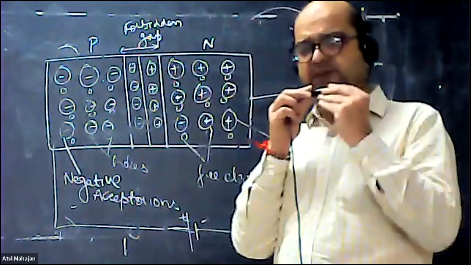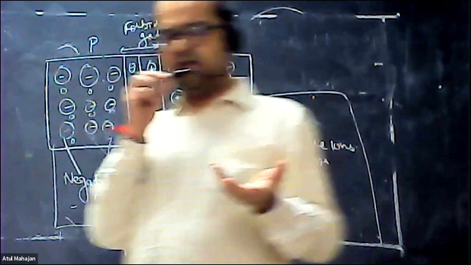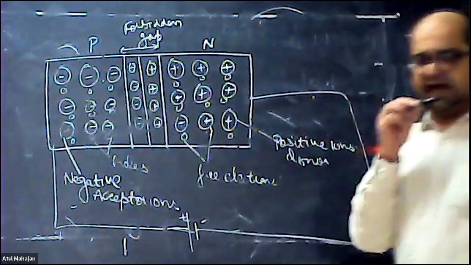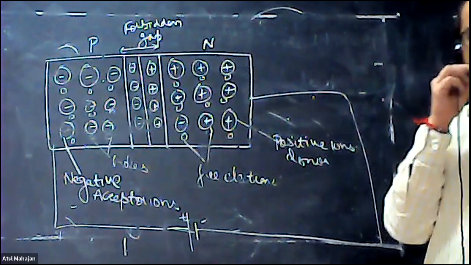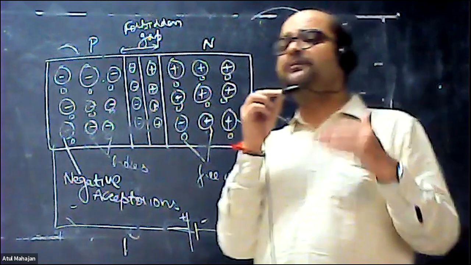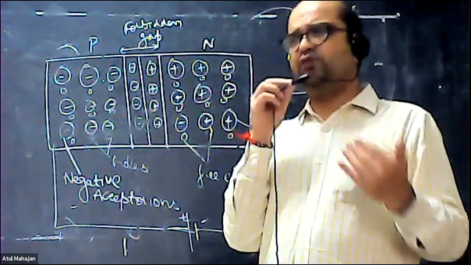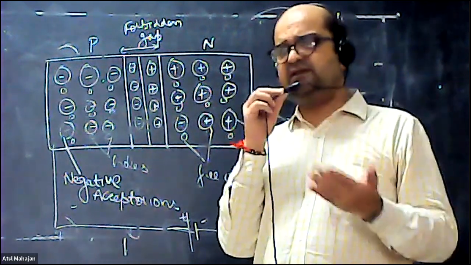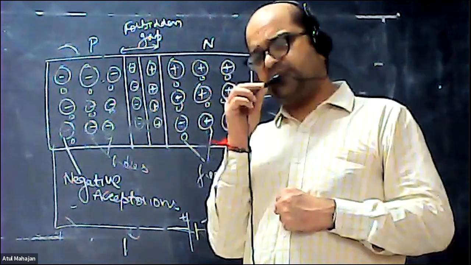Then that is the reverse bias. It is the opposite polarities. Positive is not connected to positive and negative is not connected to negative. That means they are in opposite polarity. In that case, we have the difference in polarities, and that is known as reverse biasing.